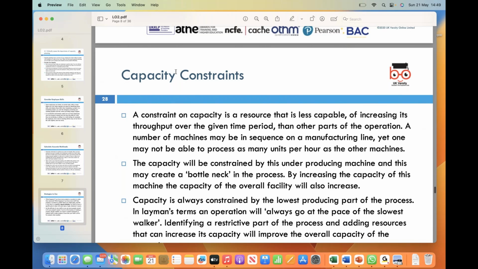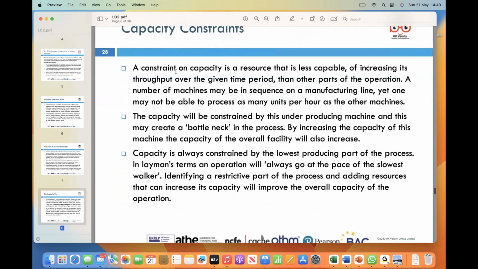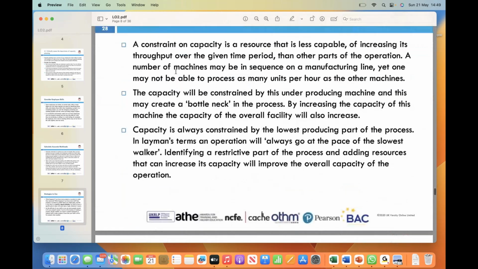So if we can increase the capacity of this underperforming machine, we can also enhance the overall capacity of the entire operation. This is because the operation will always go at the pace of the slowest part, just like a group of walkers will move at the speed of the slowest person.